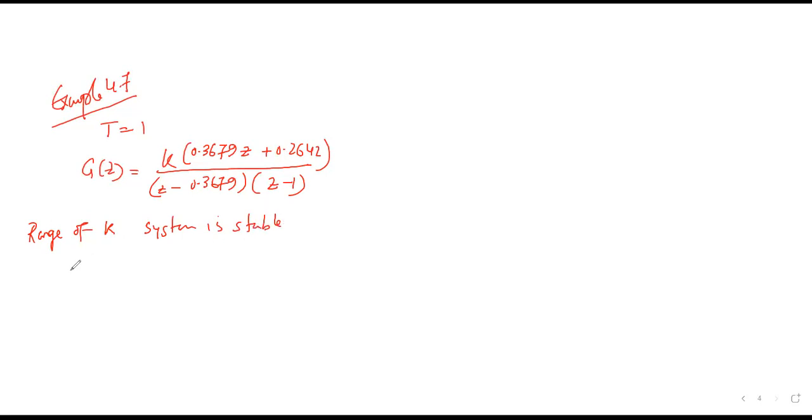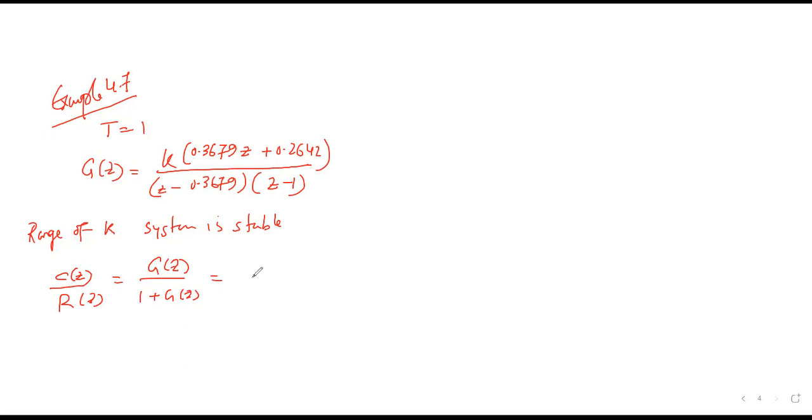So the first thing that you should do is to figure out the closed loop transfer function, that is C(z) by R(z), using the formula that we have learned, G(z) by 1 plus G(z).